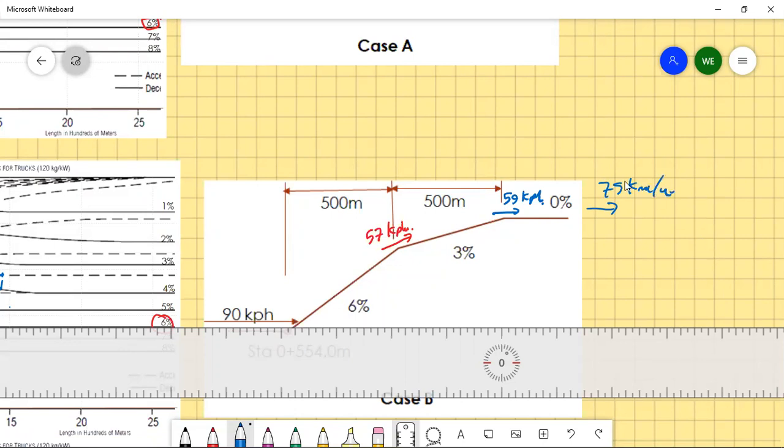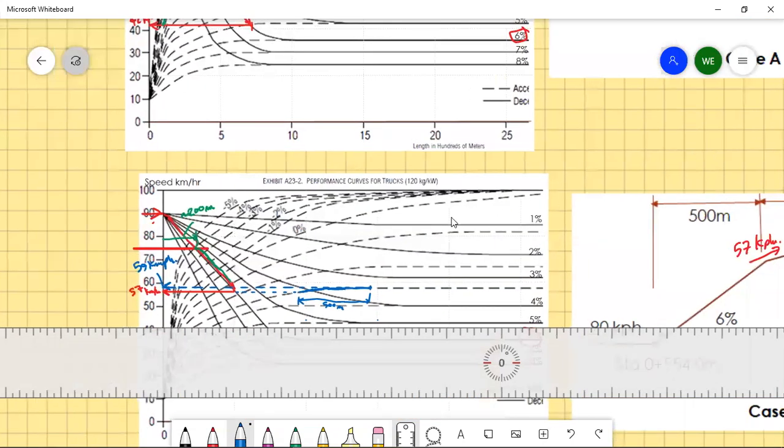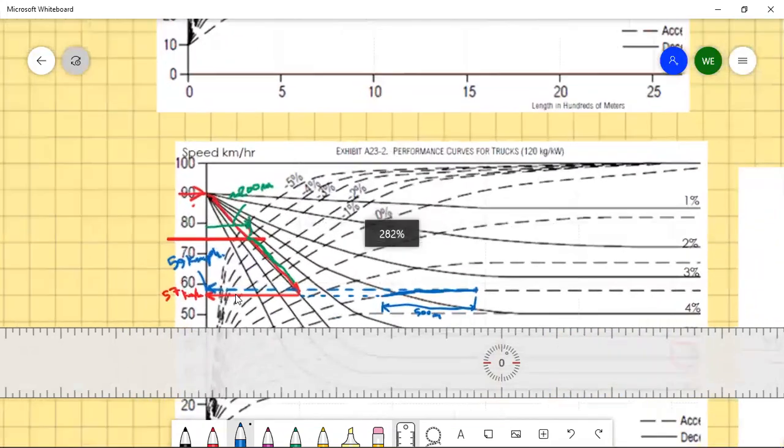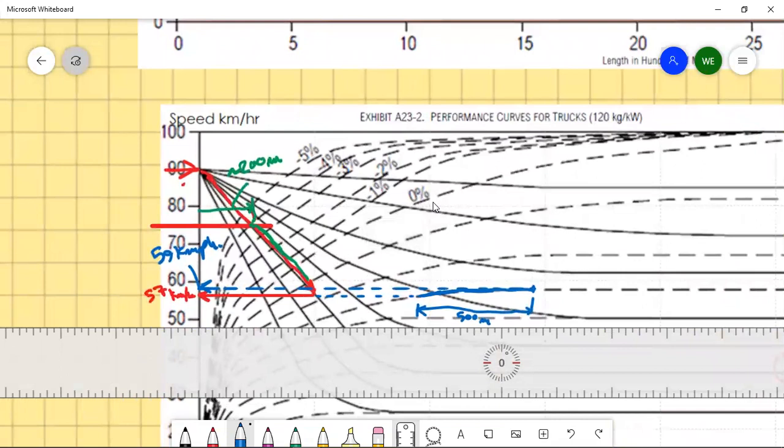So again, we will go and see, it's going to hit here on the 0%, and we will keep going for 500 meters. Let me just draw 500 meters.